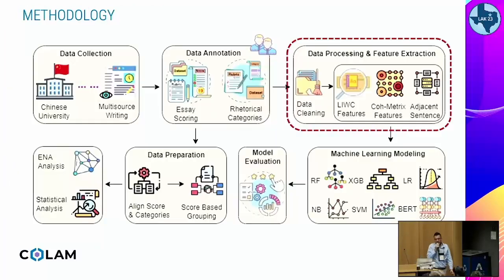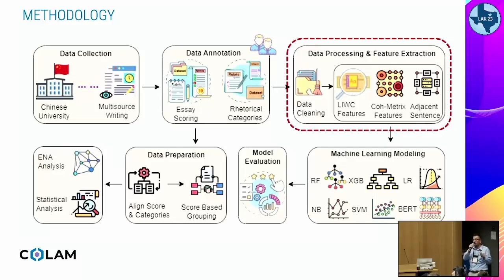And in the data processing and feature extraction stage, we developed conventional and deep learning machine models to identify rhetorical categories within essays. In terms of the conventional models, we created features based on prior literature that relates to automated analysis of educational text. The features were based on LIWC, Coh-Metrix, and adjacent sentences.